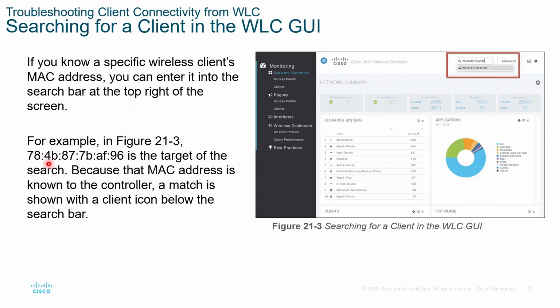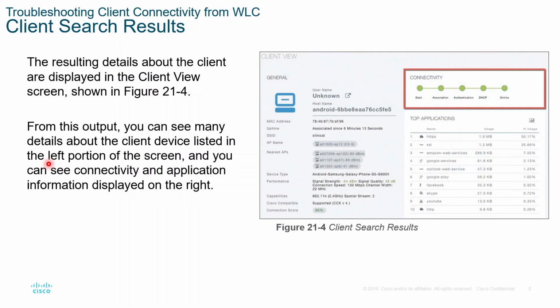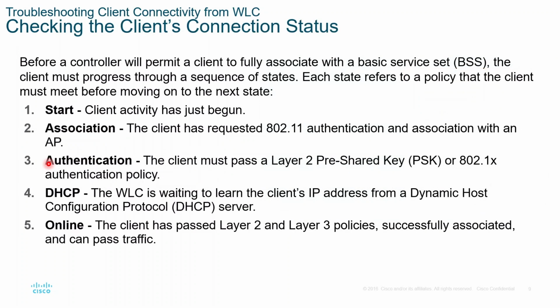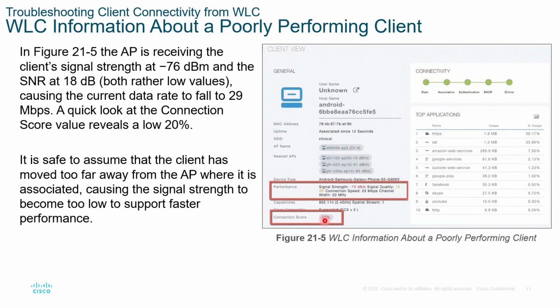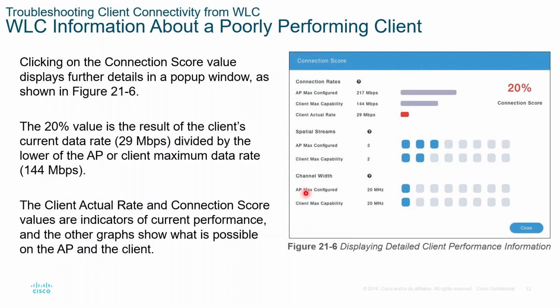Just having this MAC address helps us know whether they have the connection, what the process is, and whether they get the IP address or not. Then we can see the performance of that device: are they connected, and how far are they from the access points? And third, this part shows how much connection is getting through to the Wi-Fi users.